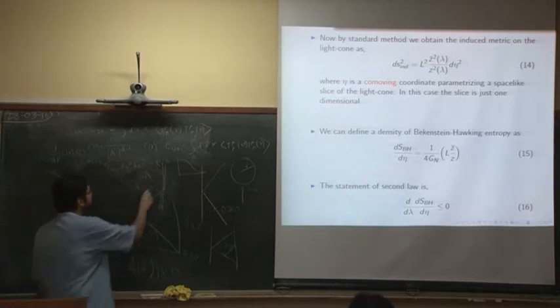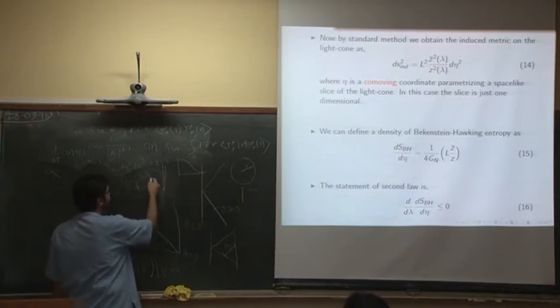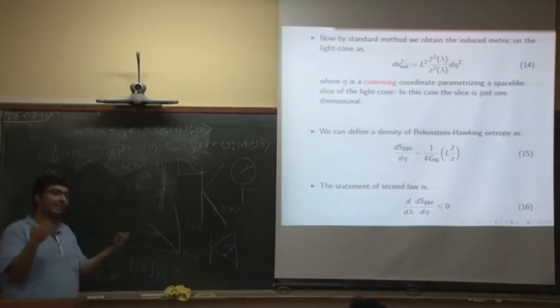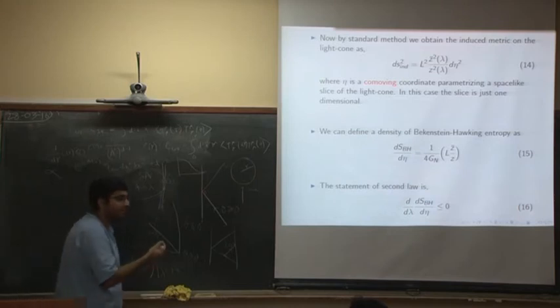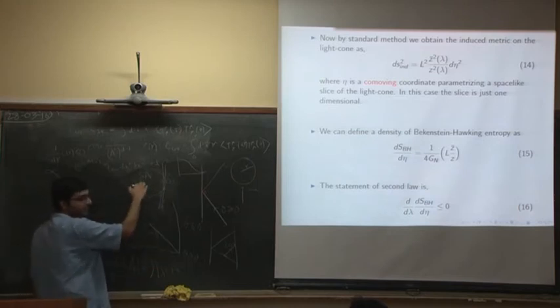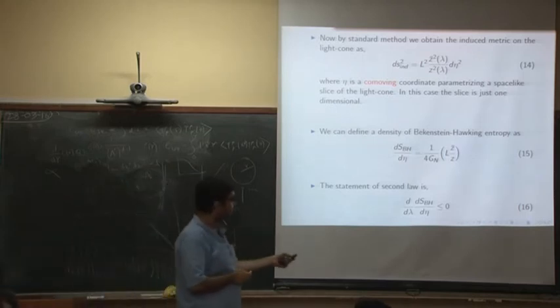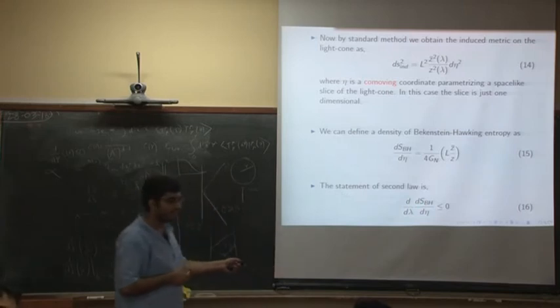So d lambda of a, so this theta, is greater than or equal to 0. That is the statement of the second law: if I look at the cross-sectional area, then it keeps on growing. There it is not less than or equal to 0; you can also write it greater than or equal to 0.